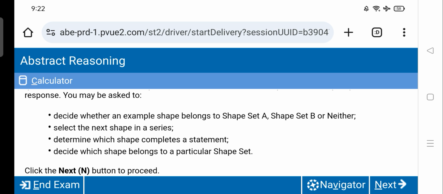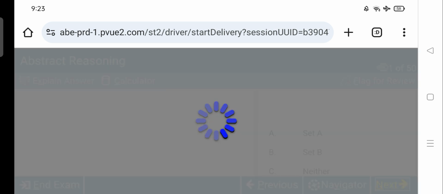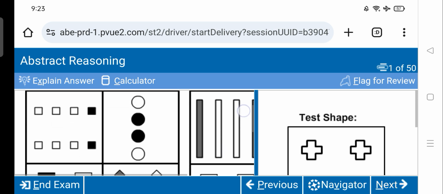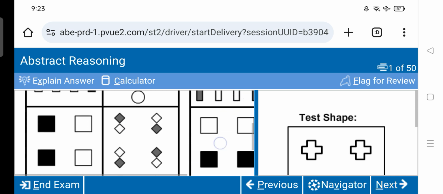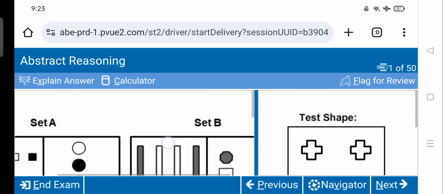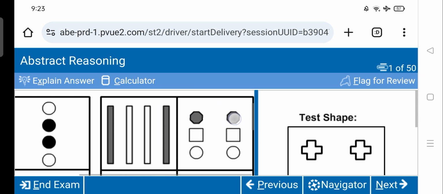First, we read about the overall instructions, or introduction you can say, about the abstract reasoning. Now, this one is the instructions for section 1 of abstract reasoning. So now click the next button to proceed to start our practice questions, or you can say the examples. So here, this section has 50 questions. The question number 1 has this set A, as you can see here, with these shapes, and then we have set B with these shapes.